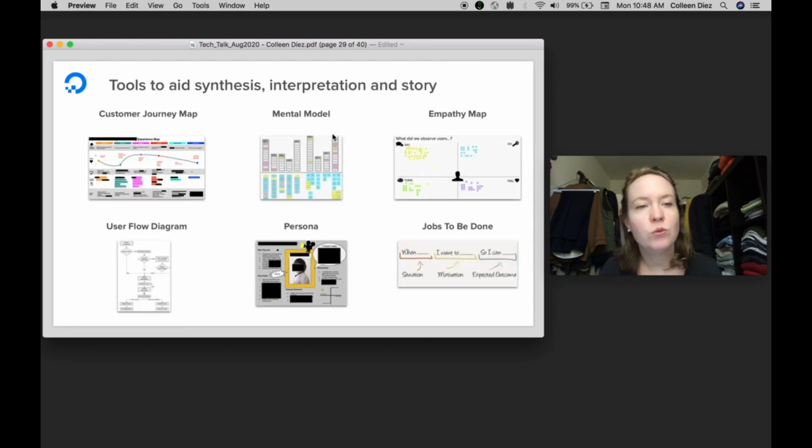There are some tools that can help aid in synthesis or interpretation or this concept of storytelling. These are some common ones we use at DigitalOcean. Customer journey maps, where you are mapping a customer's experience or a group of customers' experience, from the very first time they interact with your product all the way till the end of their engagement with your brand.